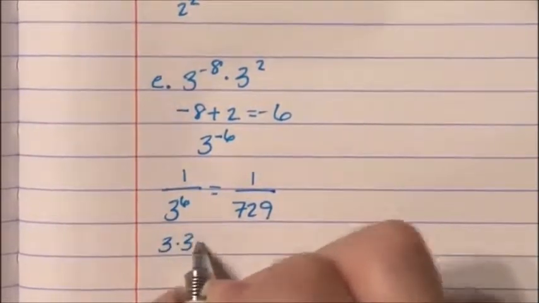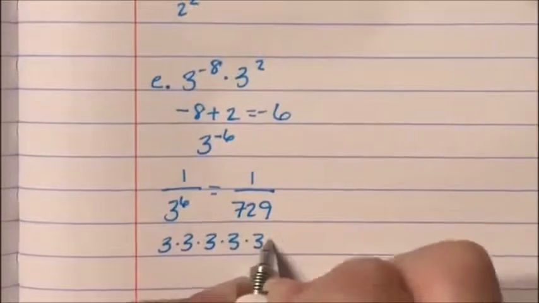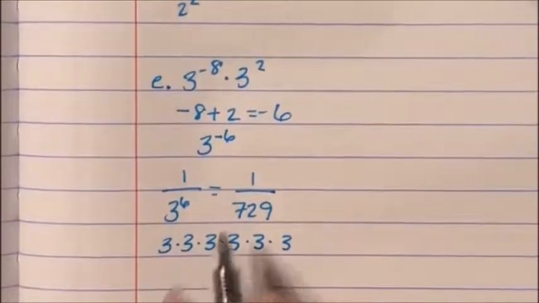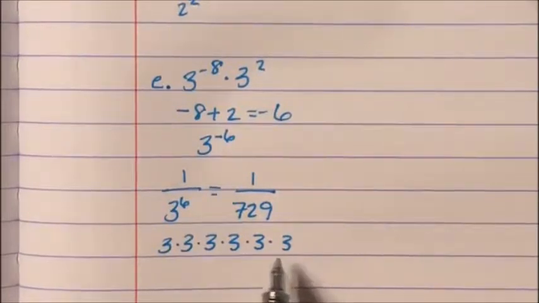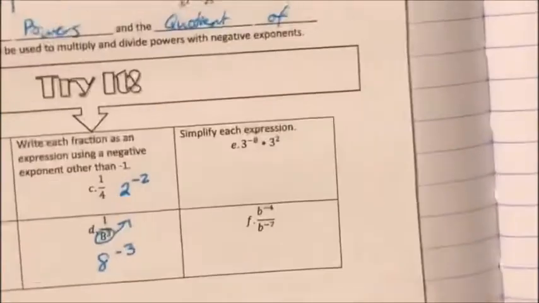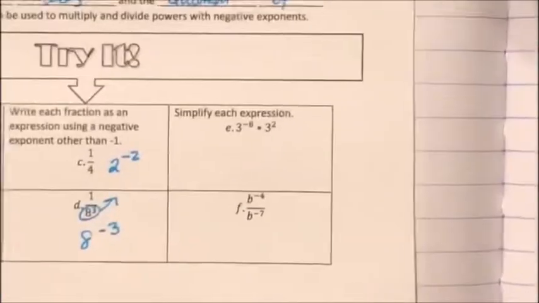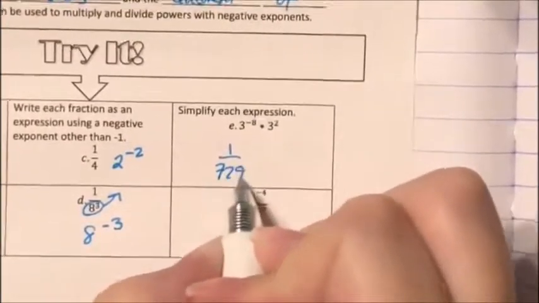So remember, 3 times 3 is 9. 9 times 3 is 27. 27 times 3 is 81, up until we get to 729. Okay? So I can come back over here, put in my answer for E, which is 1 over 729.